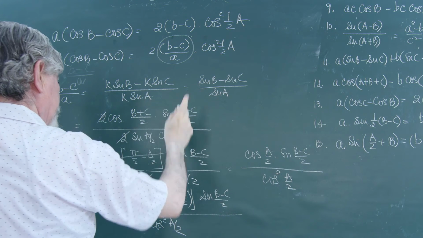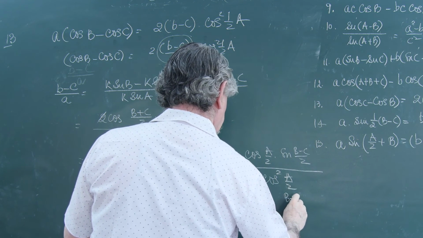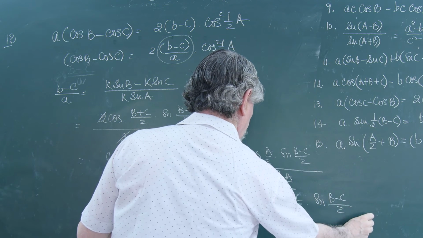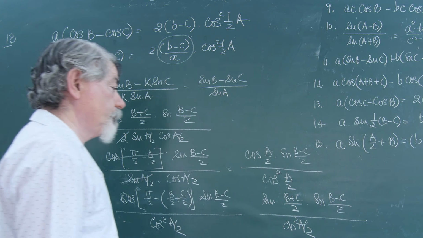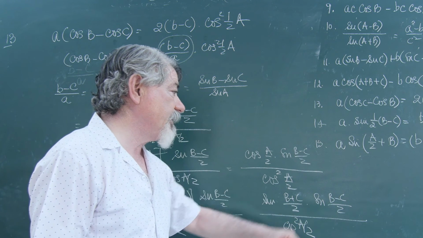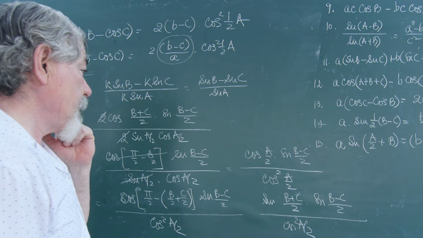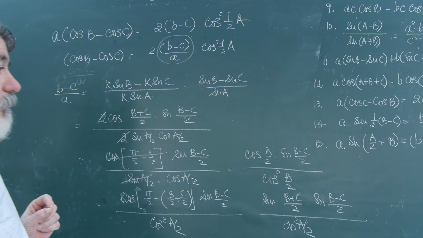Cos (b plus c), it's okay. It will become sine (b plus c) upon 2 sine (b minus c) upon 2 upon cos square a upon 2. Now this is the formula cos c minus cos d, which is equal to this.